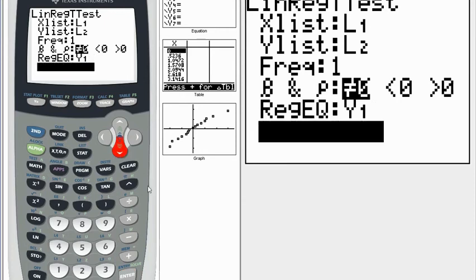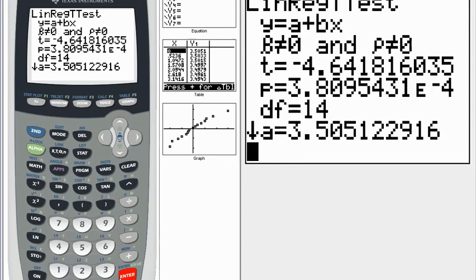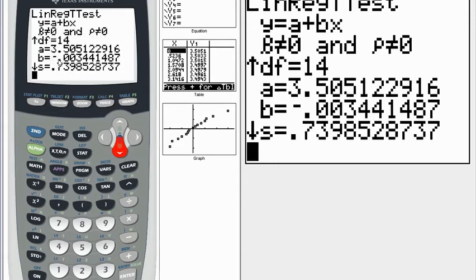And then I can hit calculate, and I'm going to do the two-tailed situation because I'm relating this to the interval. And so then my t test statistic was a negative 4.6418. My p-value of that happening is 3.81 times 10 to the negative 4 with 14 degrees of freedom.